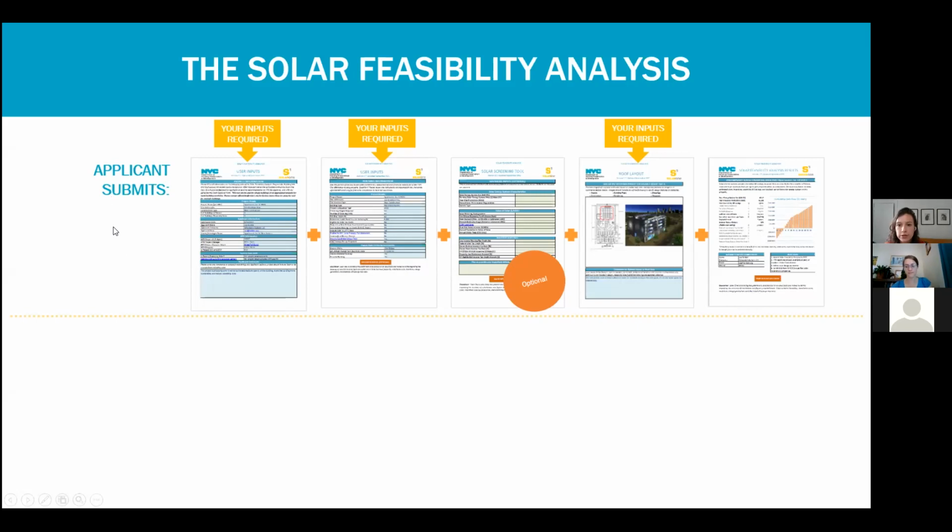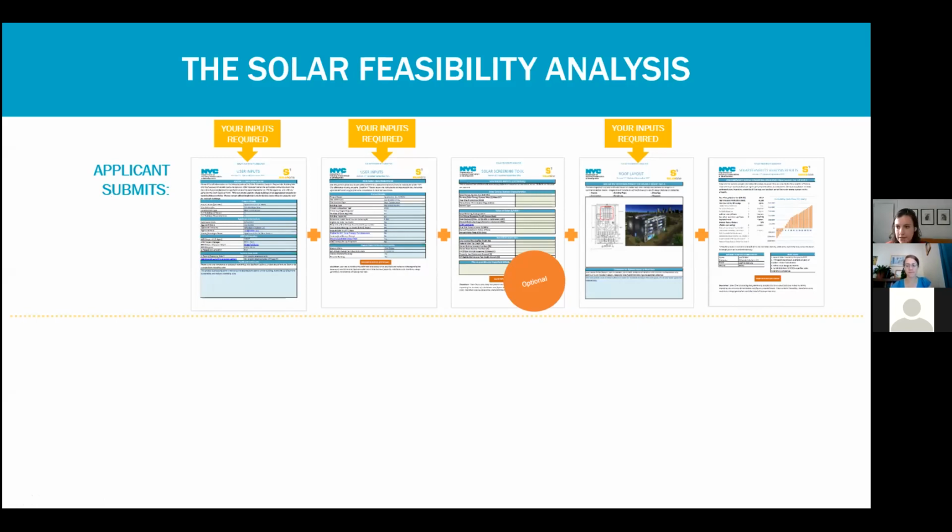And so, it provides a realistic idea of the economics and feasibility of solar based on the inputs that you put in. And so we're going to take you through each part of the analysis and highlight a couple updates that we made to make it more streamlined and easier to use.